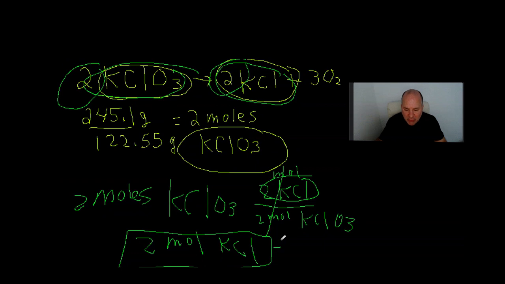Now we have to go to grams. So we're going to go to grams next. Now all you have to do is multiply 2 times the molar mass of the KCl to get your grams. So let's check that.